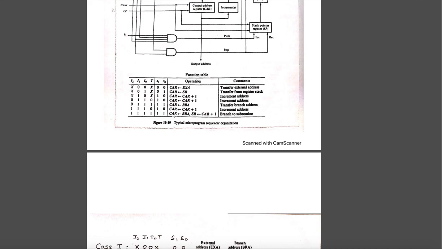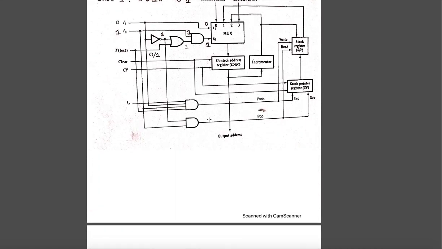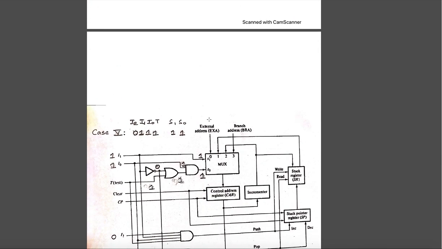You need to load the control address register with the branch address, and also you need to point the stack register to the next instruction that needs to be executed. The stack register is pushed with the current address plus 1 so that it can come back and continue the execution.